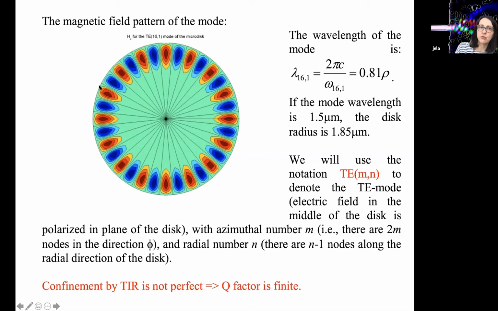So n equal to 1 means one ring, and m equal to 16 means 16 positive, 16 negative lobes, like cosine 16 phi as you go in the angular direction, or in other words, you have 32 zeros.